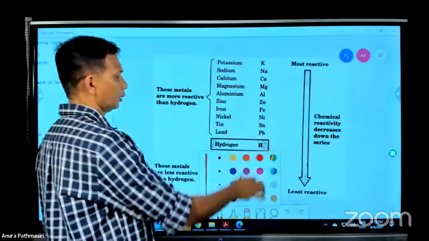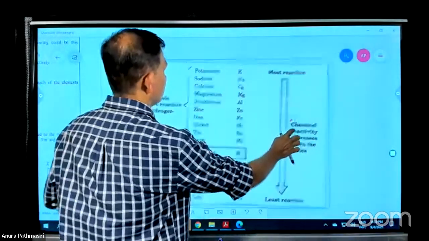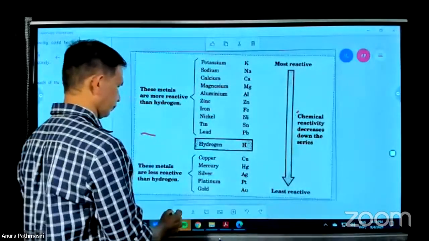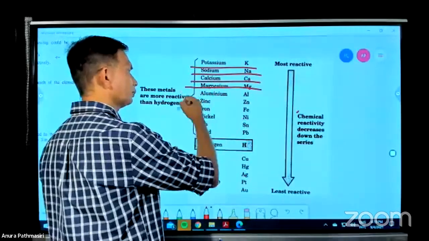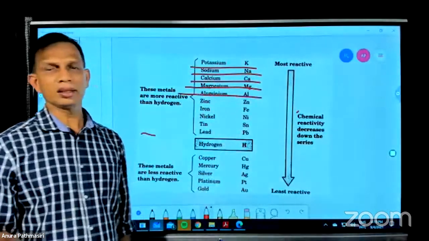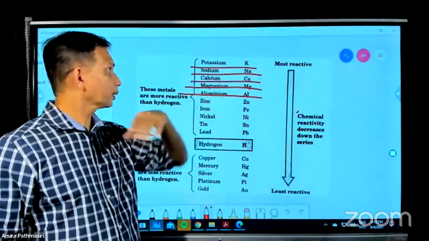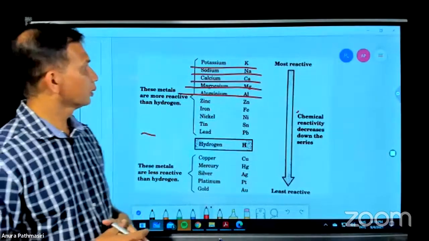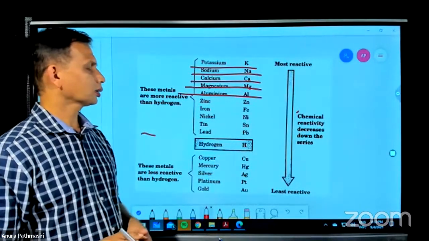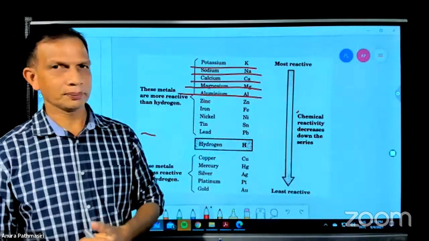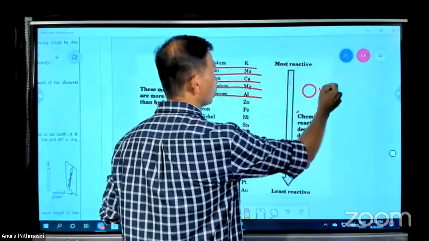For example, potassium, sodium, calcium, magnesium, aluminium exist as ionic compounds, for example carnallite, rock salt, calcium carbonate that is limestone, dolomite, and aluminium ore. So they are there as the ores.